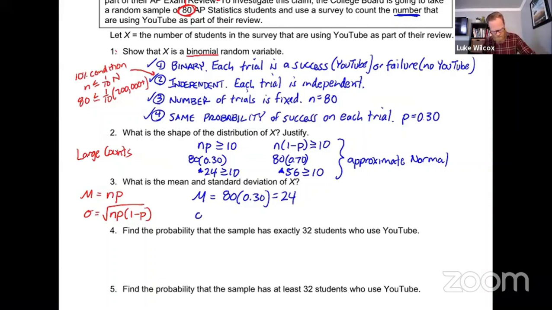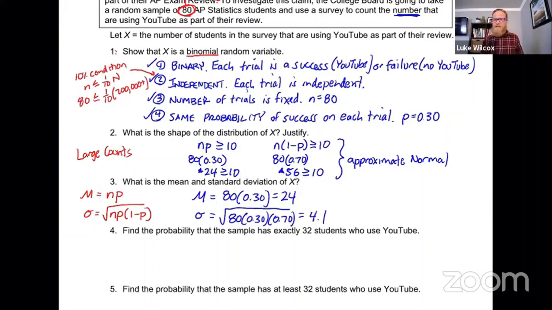Now to the standard deviation. According to our formula here, we need the square root of, and then we need n, which is 80, times p, which is 0.30, times 1 minus p, which is 0.70, and then we take the square root of that whole thing. And I've already put that in my calculator. I got an answer of 4.1.